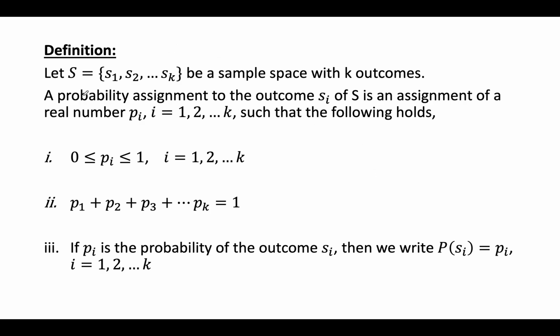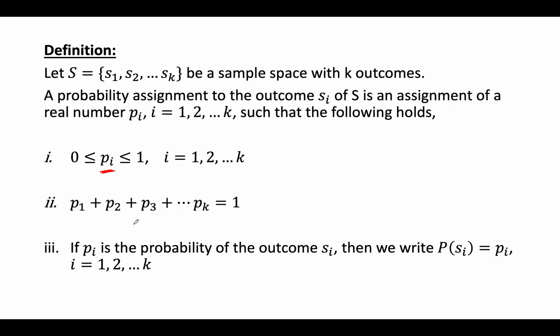Alright, in case I've got a sample space with k outcomes, then the probability assignment to the outcomes is an assignment of real numbers. So the probability of a sample point in the sample space should be between 0 and 1, where i represents the number of the sample point.